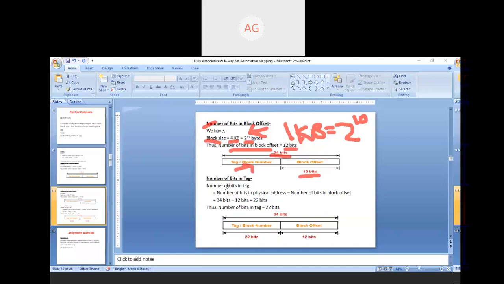The number of bits in the tag is the number of bits in the physical address minus the number of bits in the block offset, which is 34 bits minus 12 bits. It comes out to be 22 bits. So the number of bits in the tag is 22 bits. That's how we find the number of bits in the tag in the case of fully associative mapping.